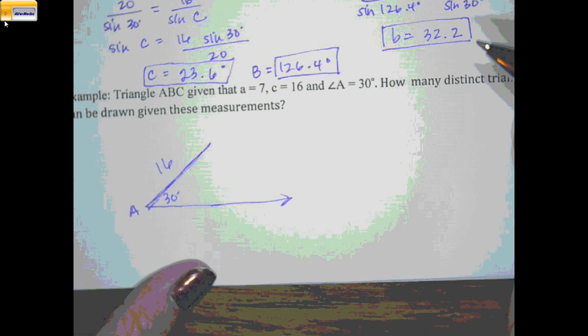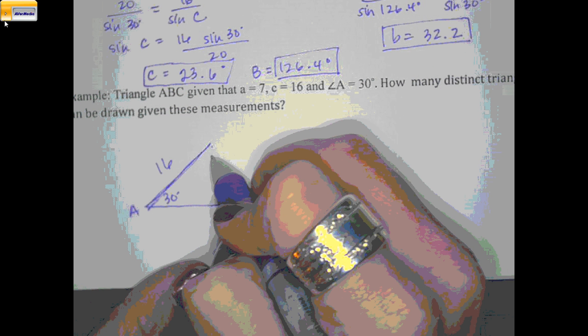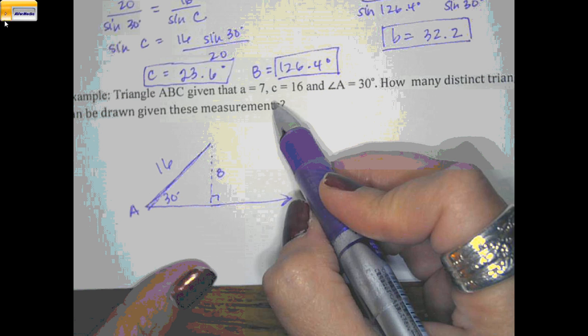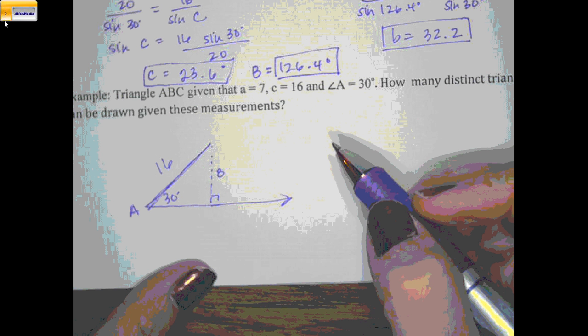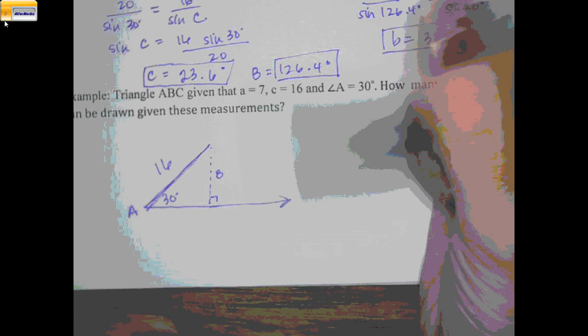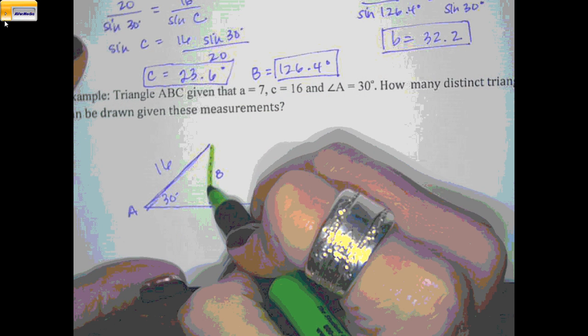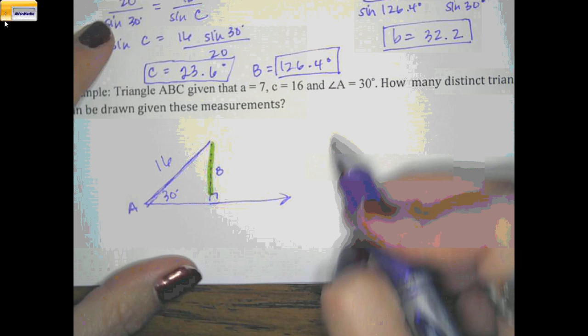Well, this is looking just like the last problem. And we already calculated the height was supposed to be 8. They say this time that side A is 7. What does that mean? Well, if the height is 8, 7 is only going to get you that far. Is it ever going to touch that third side? Nope. So how many triangles can you make? None.